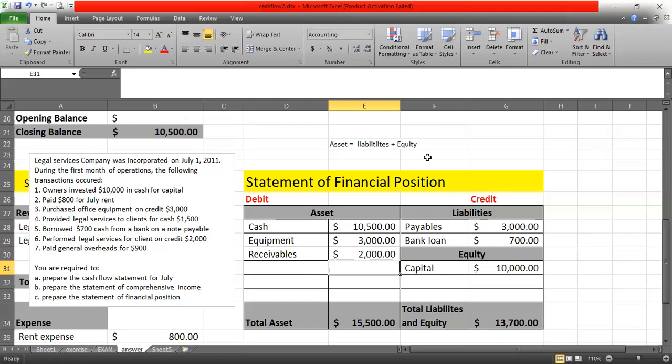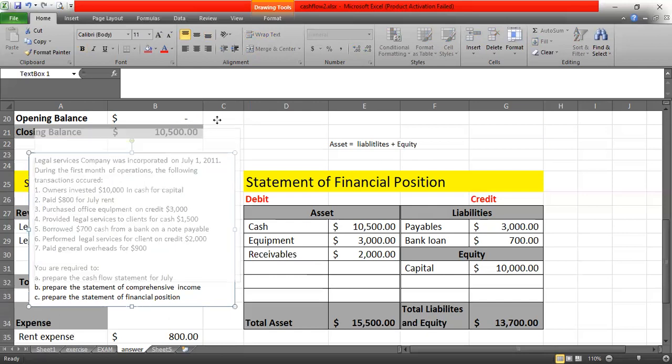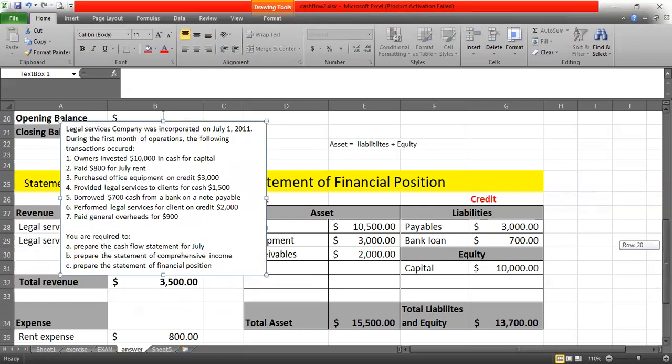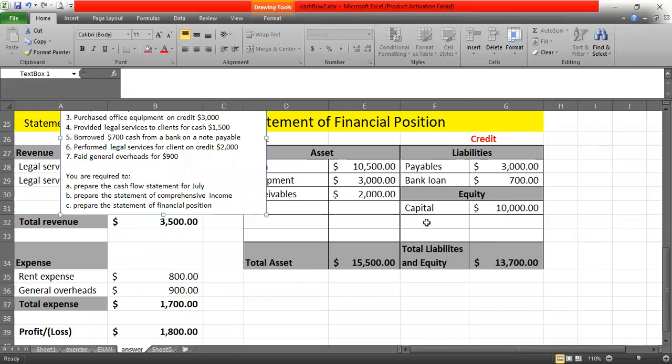All right. So now we have the total asset of $15,500, and the total credit, which is the total liabilities and equity, equals $13,700. So now we know that this is not balanced, because on the credit side we still lack an amount of around $1,800. So here I will type profit.